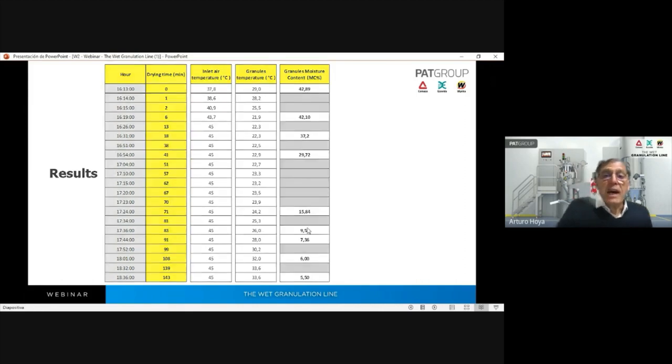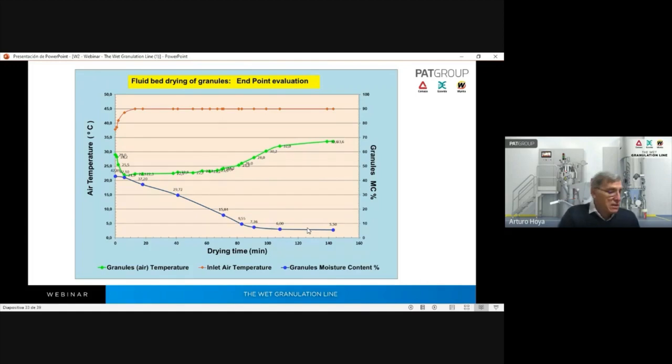Well, now here you have the graph. The graph presents the variation of the temperature of the inlet air and the temperature of the granules on the left axis. Here you have both the temperature of inlet and the temperature of the granules, measured by the thermocouple at the expansion chamber.